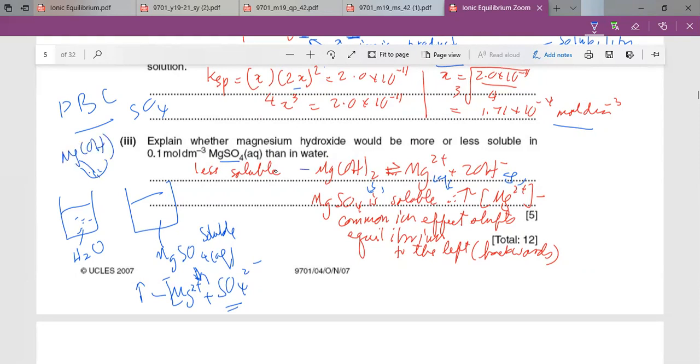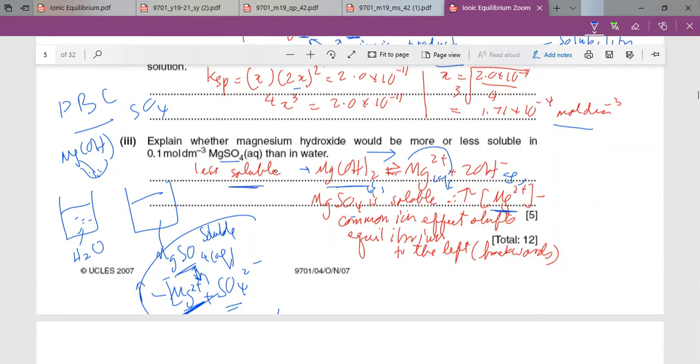Okay, so this is the equation. Dissolve means go forward. So in water, of course, there's no common ion here, but in your magnesium sulfate here, the common ion is magnesium. So the magnesium coming from the MgSO4 will cause the equilibrium to go backwards. So the Mg2+ increases, so the common ion effect shifts things backwards.